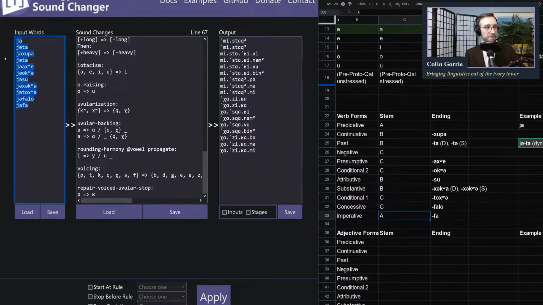Some people don't like that, but for me, part of the big appeal of conlanging is getting an excuse to go read grammars of other languages, especially languages I don't know a lot about. And so this is kind of fun. I enjoy that. And I think it makes me a better linguist in the end. Maybe you don't have the similar kinds of goals and pressures, so take that with a grain of salt.